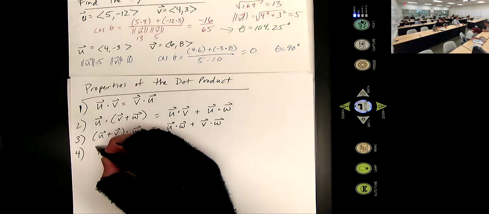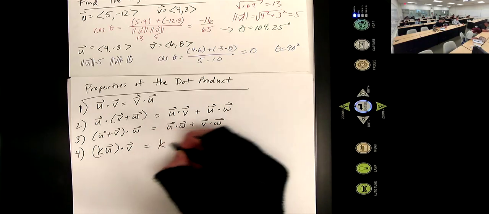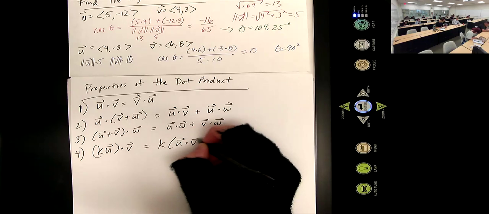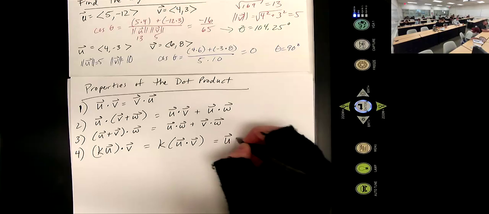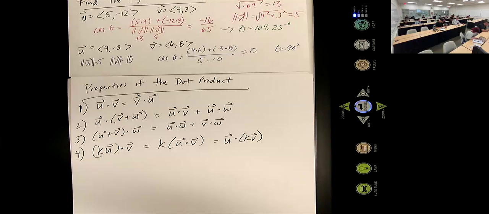K times the U vector, then dotted with V, is the same thing as K times U dot V. And it's also the same thing as U dotted with KV. Going this way tends to be the more handy one.